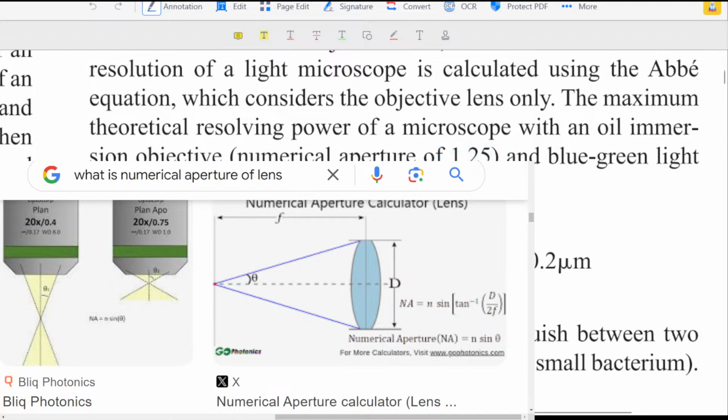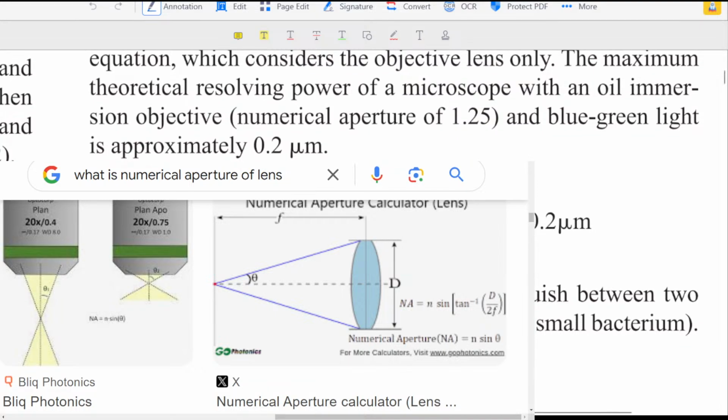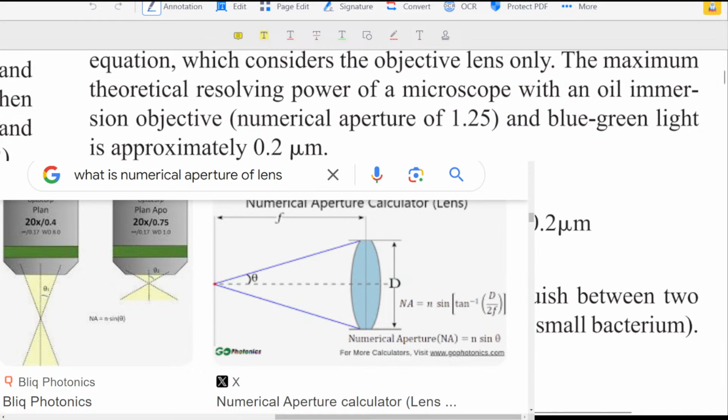So d equals 0.5 lambda over n sine theta, with lambda at 530 nanometers. This is the light wavelength, right? What is the 0.5? Is it the refractive index?